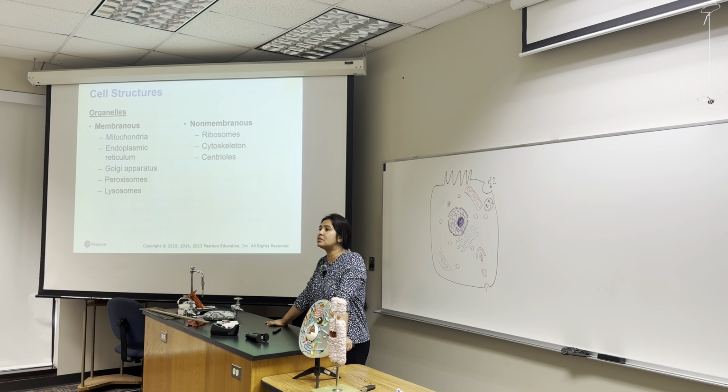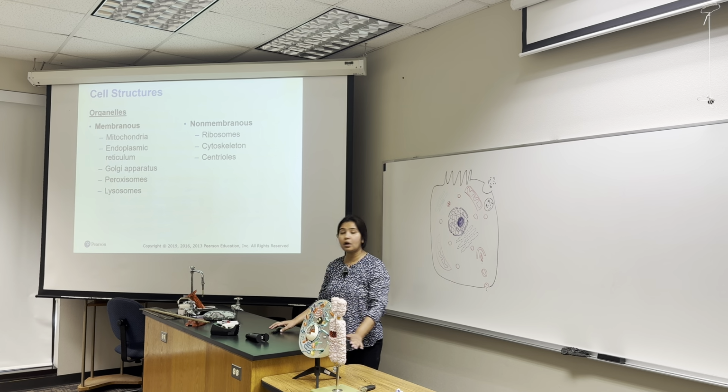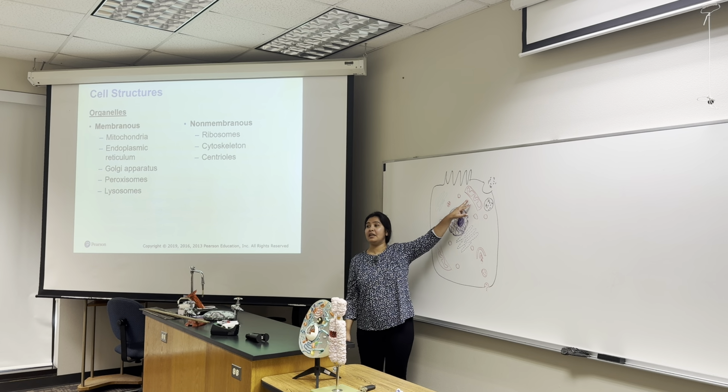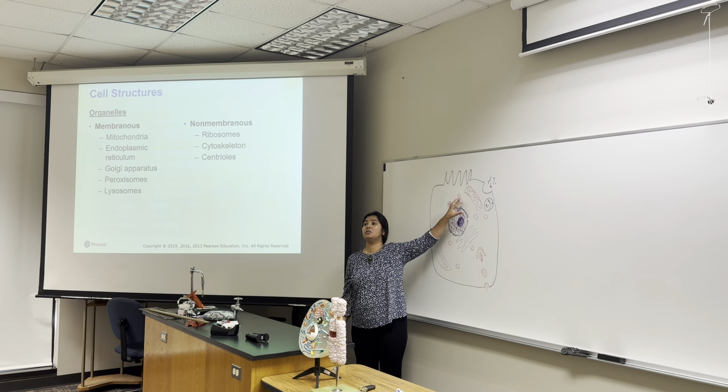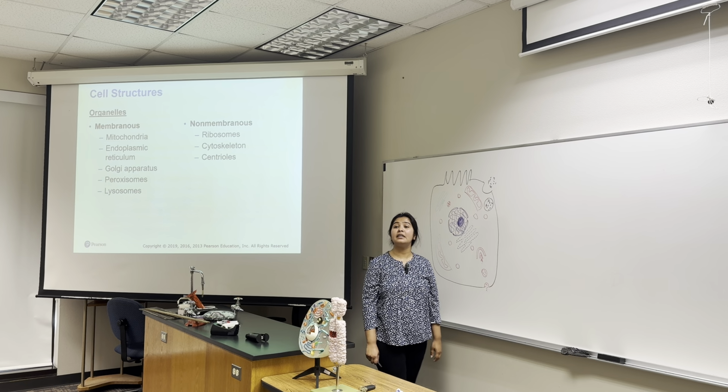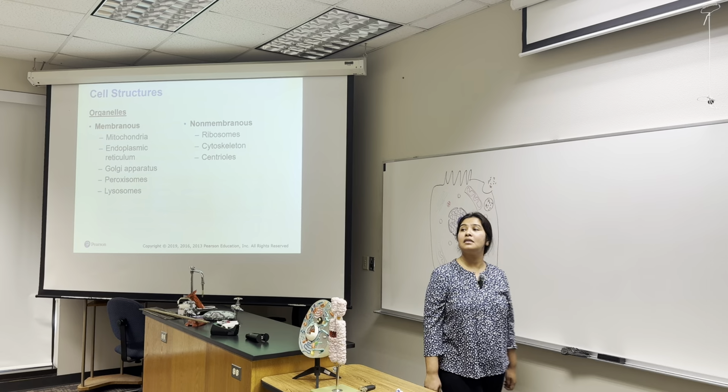Why is the mitochondria called the powerhouse of the cell? Because you are generating energy. What is the name of the energy molecule in your cell? ATP. You are generating ATP in the mitochondria. So these are the mitochondria, your parents' room. They are generating the ATP, and we call it the powerhouse of the cell.